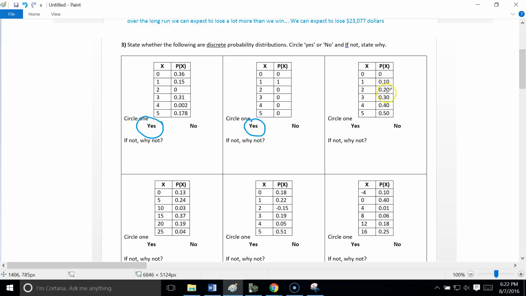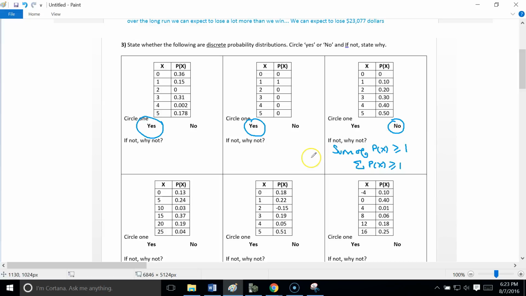Okay, over here, if we notice, all the probabilities are between 0 and 1, but if we add them up, they do add up to something greater than 1, so this is not a proper discrete probability distribution. And under reasons why, I would say you can write something to the effect of sum of p of x is greater than 1, or you can just say sum of p of x is greater than or equal to 1.